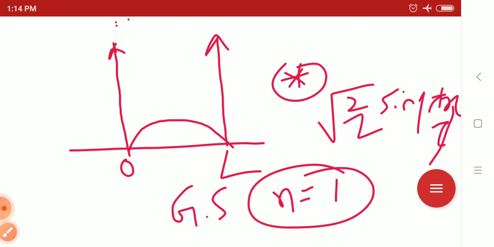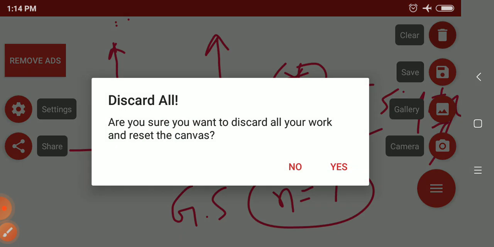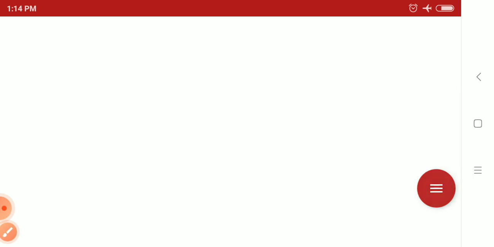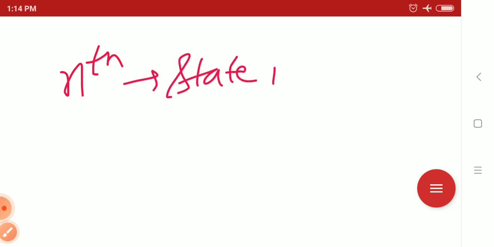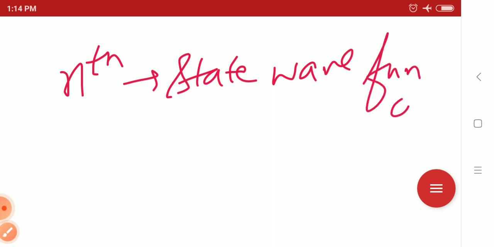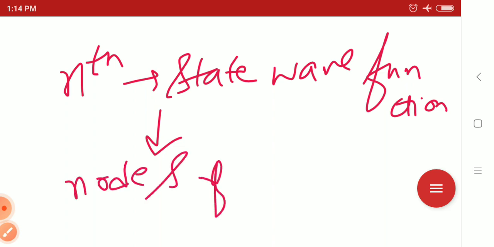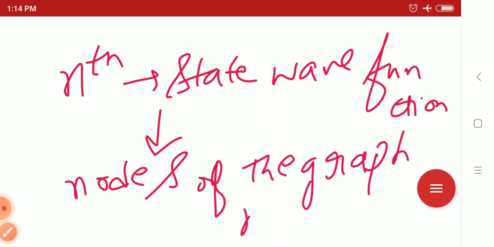So what does the ground state wave function mean? How to draw the graphs of the wave function? Whenever you are drawing the graph of the nth state wave function, the number of nodes of the graph will be n minus 1.